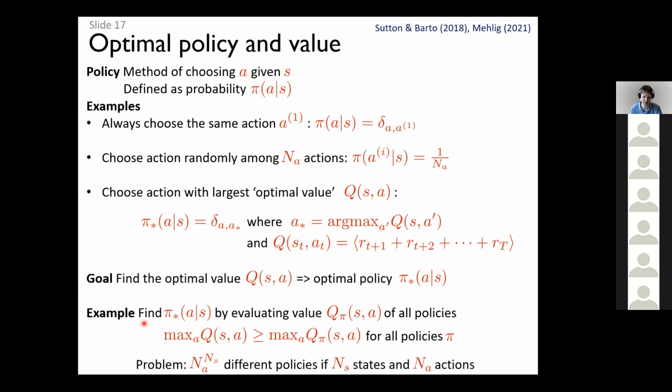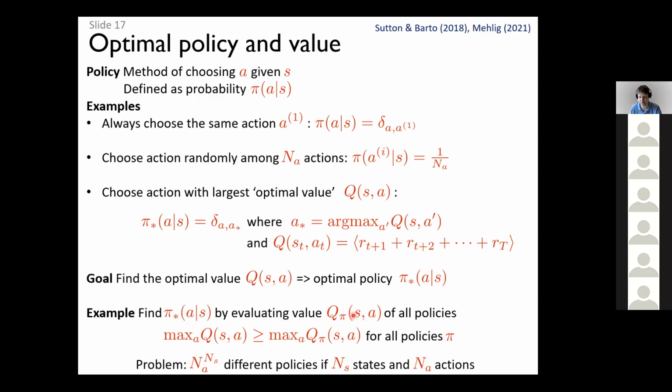One example would be to find the optimal policy by evaluating the Q function for all policies. So we evaluate Q, the expected future reward, with a subindex pi here. That means following the policy we have selected, we evaluate the expected future reward. And by doing this for all different policies, the optimal one must be the one that has the maximal Q value for all different states.